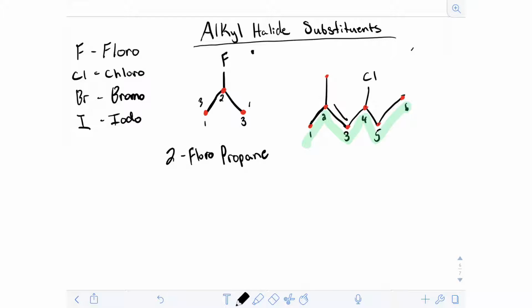On the one on the right, we're going to count our largest parent chain. As you can see, I already have it marked here. We know it's 6, so we're going to get a hex.